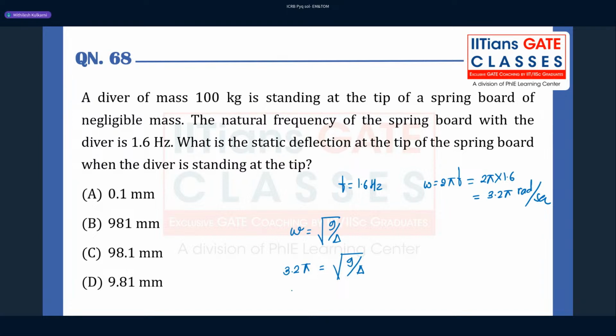This is close to 100, so 100 delta is equal to 9.81, and then delta is equal to 9.81 divided by 100. Whatever you'll get is in meters. However, if you multiply with 1,000, you will get in millimeter. Hence, the answer is 98.1. The correct option is option C in this case. Coming toward the next question.